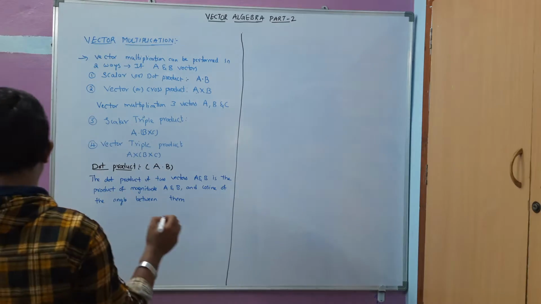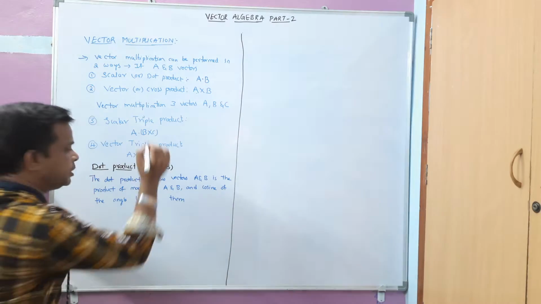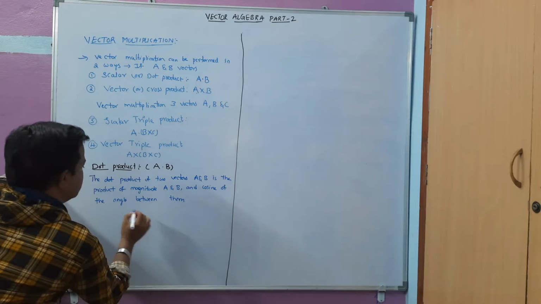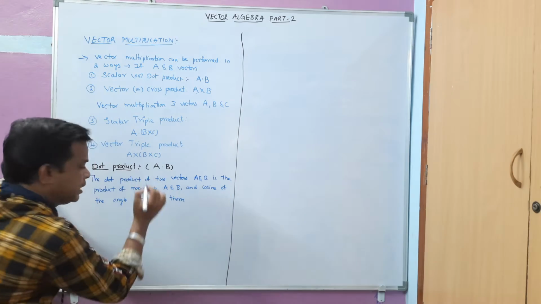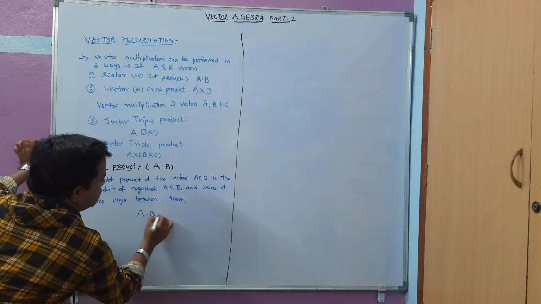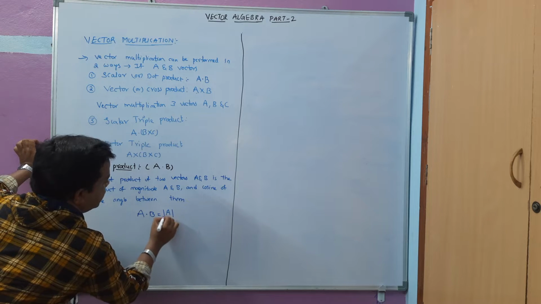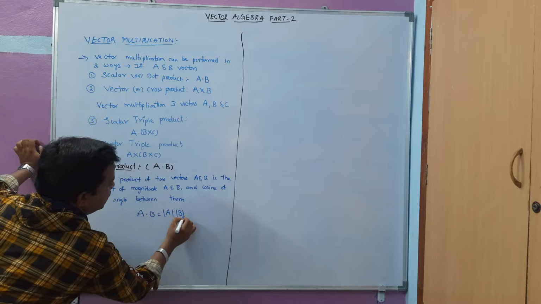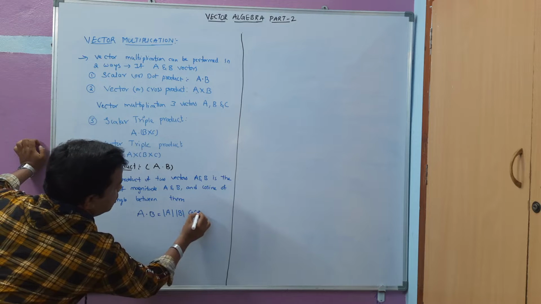Mathematically, A dot B is equal to mod A mod B cos theta of AB.